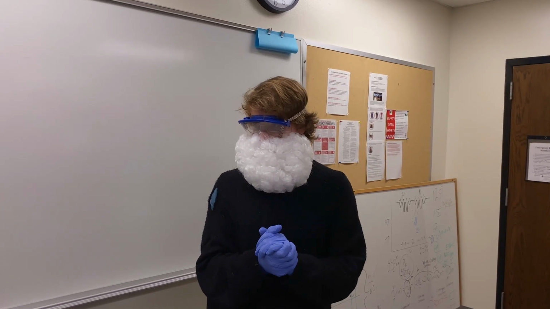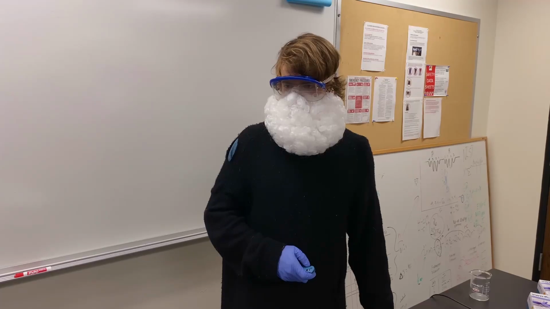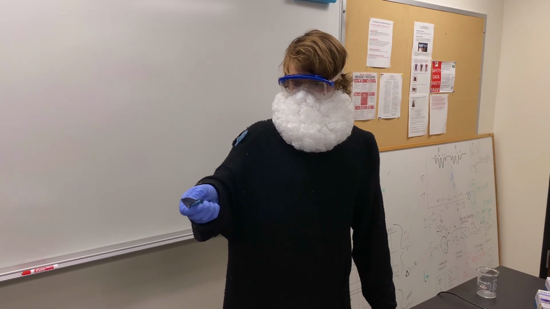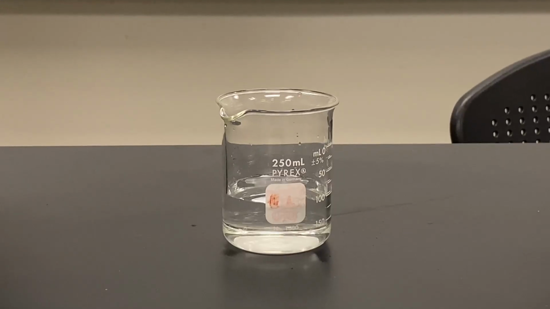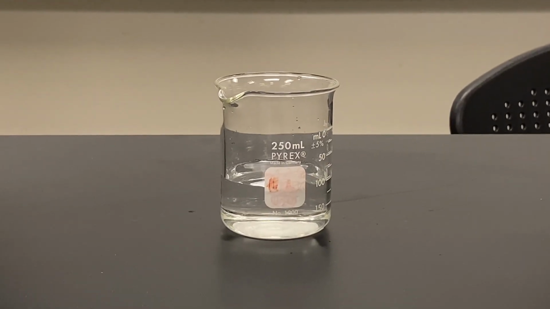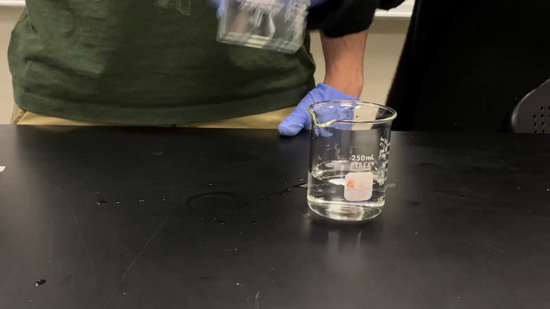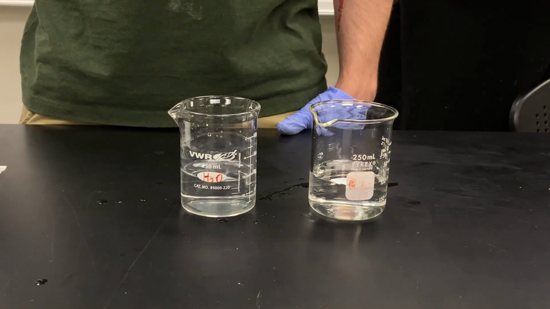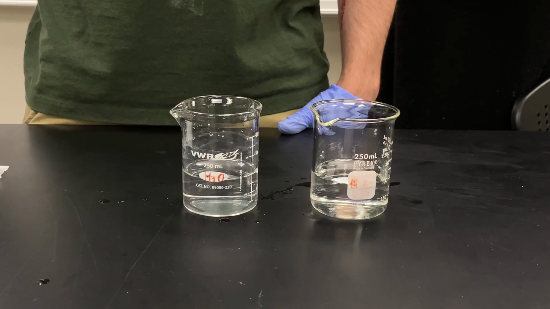Fantastic! Now take out your lemon. Now, cut it open. Squeeze the lemon into the buffer solution. Now squeeze the lemon into this beaker of 100 milliliters of deionized water.